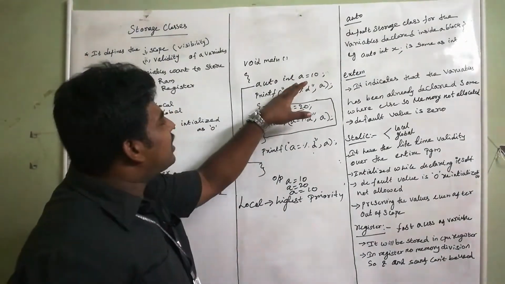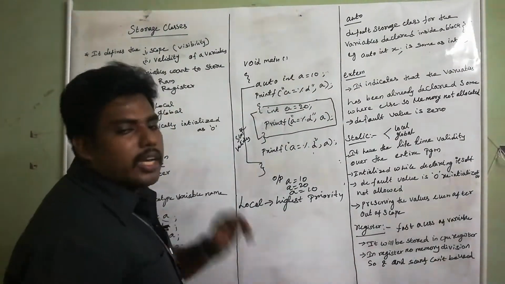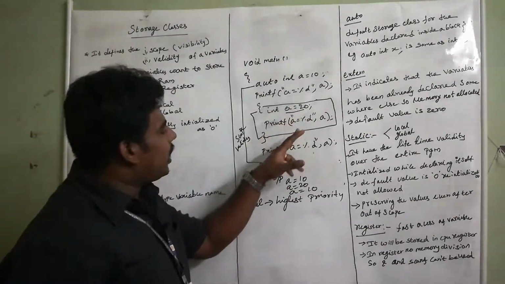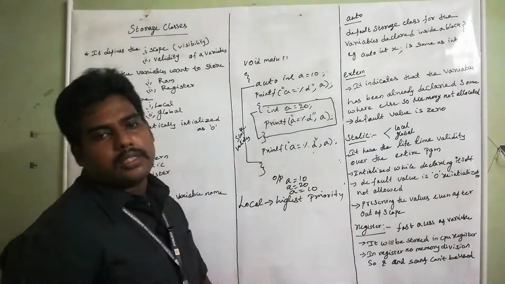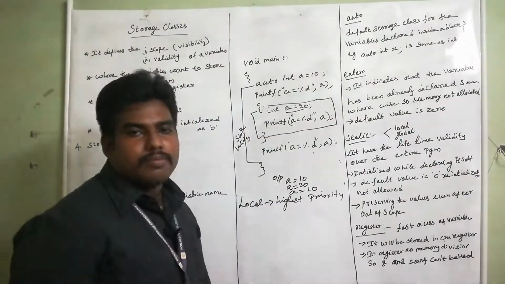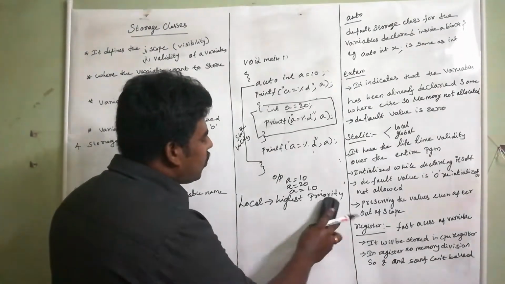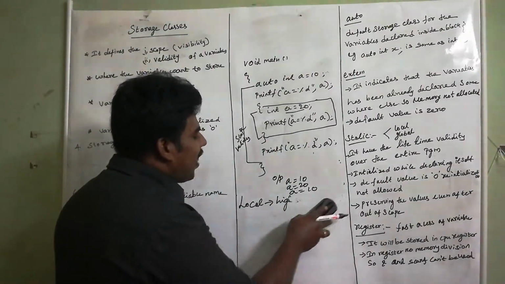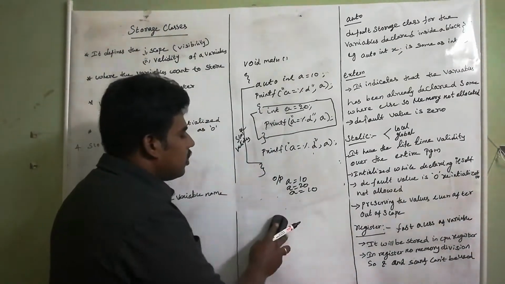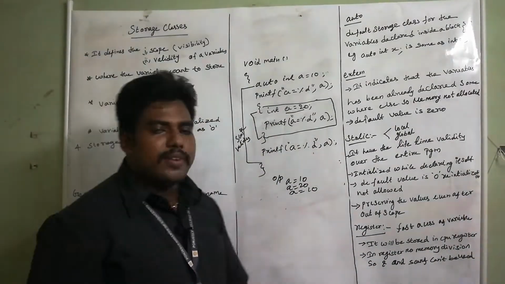But for this a, the scope is from here to here. So we can't access this 20 outside this curly brace, because its scope is inside. That's the reason you again get the a value as 10. All of you got it? Clear? This is the auto variable.